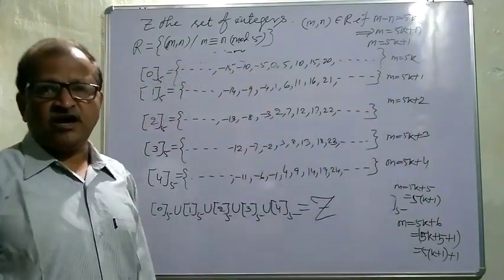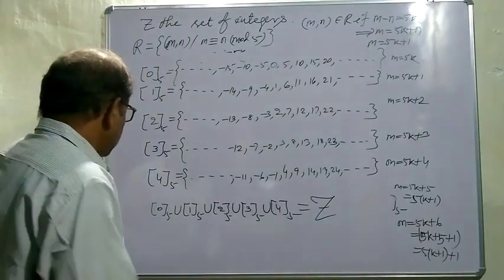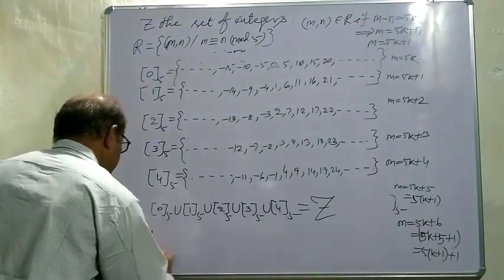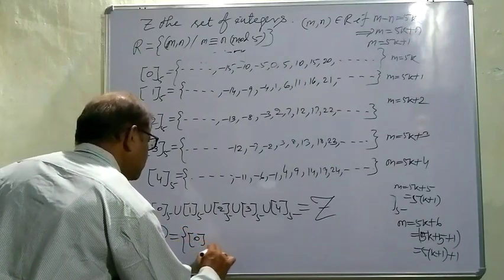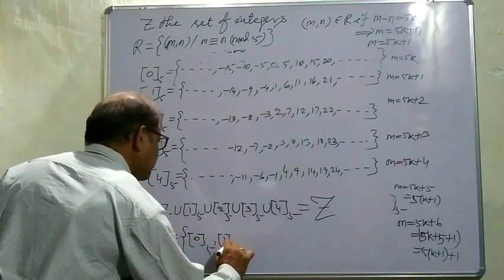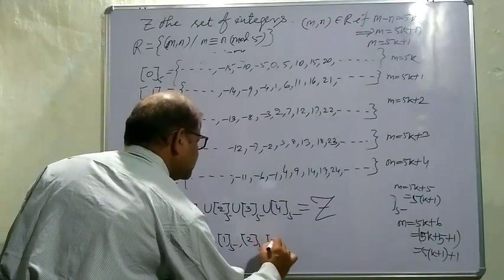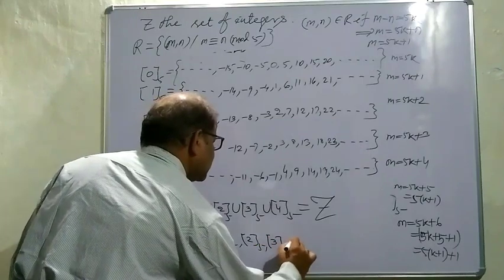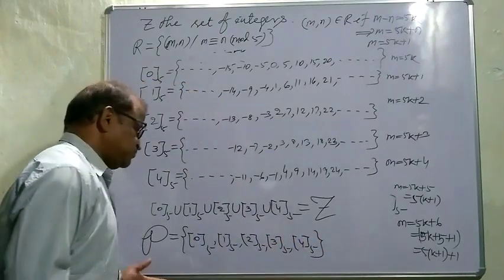So if you take P is equal to equivalence class of 0, equivalence class of 1, equivalence class of 2, equivalence class of 3, equivalence class of 4, yes, P is a partition.